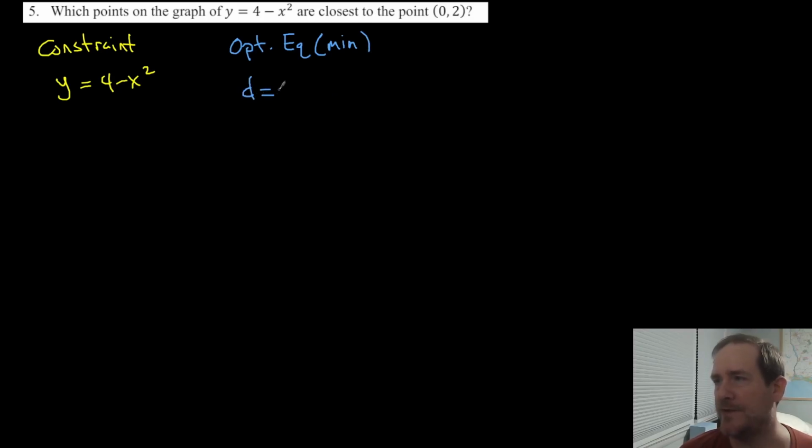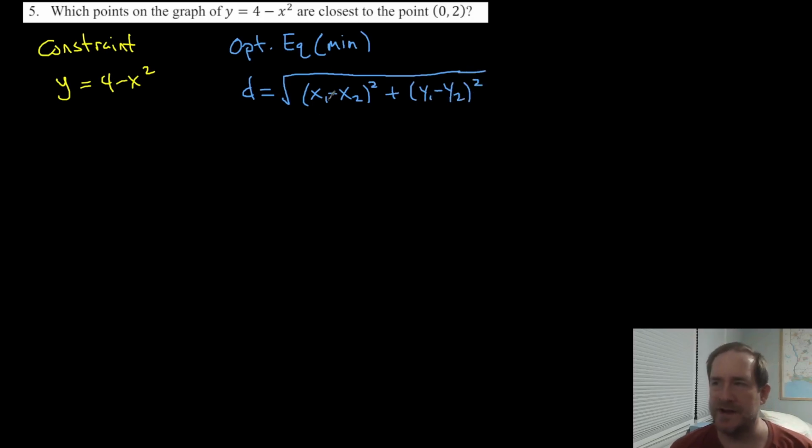So hopefully you remember the distance formula was the big old square root of (x1 minus x2) squared, or the reverse, x2 minus x1, doesn't matter, plus (y1 minus y2) squared. I don't know why I'm writing it like that either. I like x2 minus x1 much more.